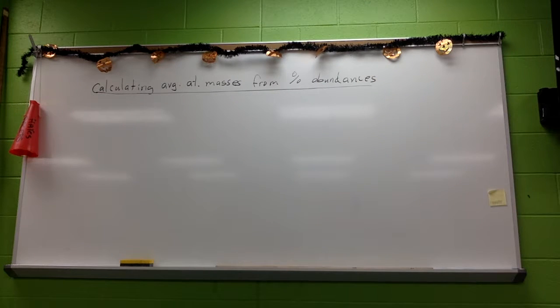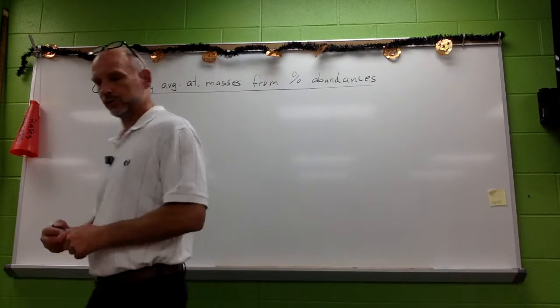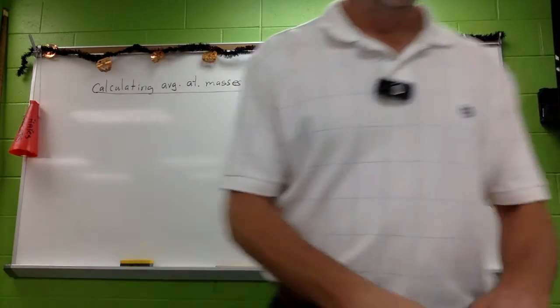One way or another, if the question is to calculate the average atomic mass from percent abundances, the information is going to have to be provided to you somehow. This first one I'm going to pretty much straight up tell you what to do here.